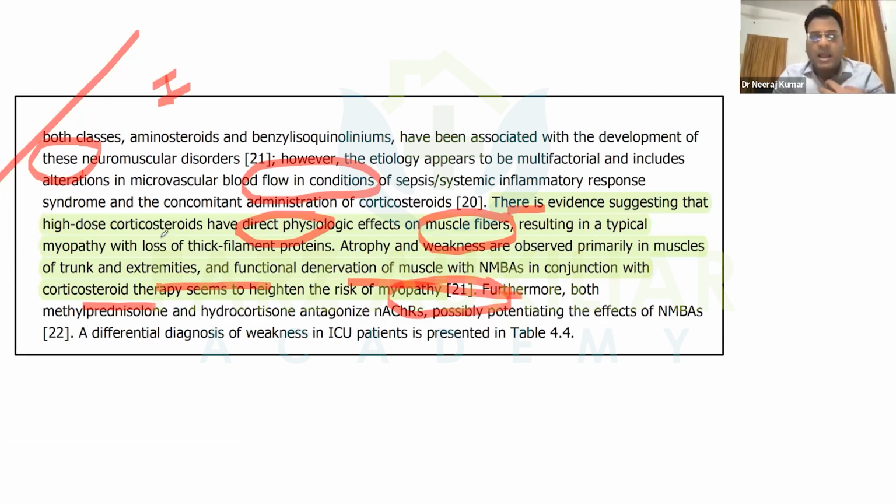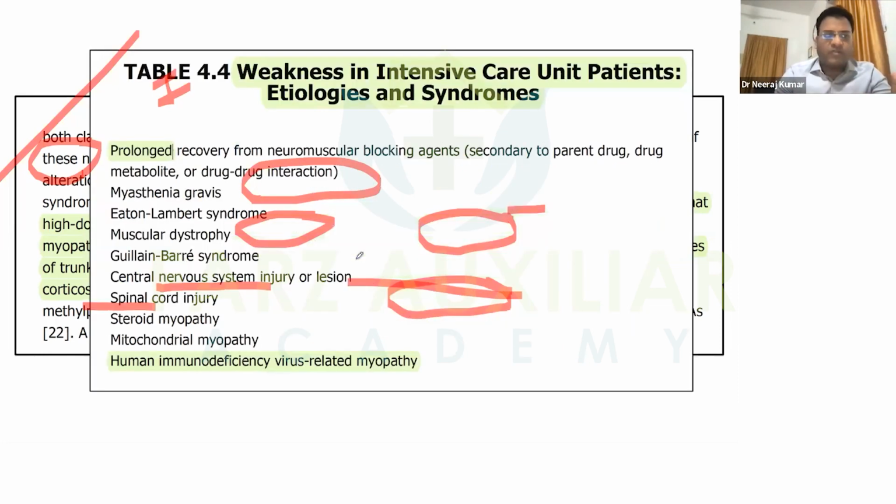Resulting in typical myopathy and loss of thick filament proteins. Even these patients have atrophy and weakness that are observed primarily in the muscle trunk and extremities, leading to functional denervation of muscles if these patients are receiving NMBs in combination with corticosteroid therapies. So this is one of the plausible explanations.